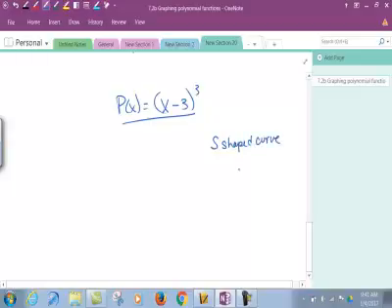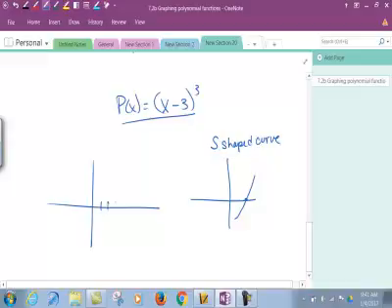So instead of going right through an intercept, we have one x-intercept at 3, and it's going to come in like this, flatten out, and then do this. So instead of shooting right through it when the factor is to the 1st power, when it's to the 3rd power, it has the effect of flattening out there.